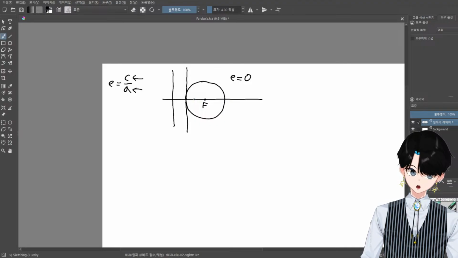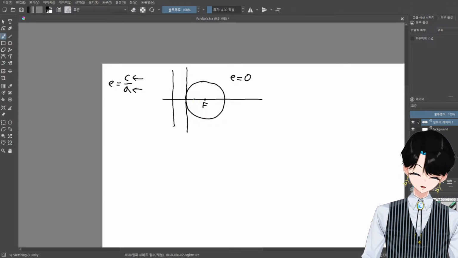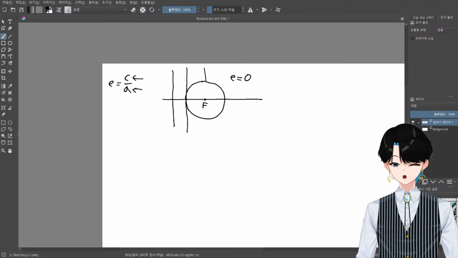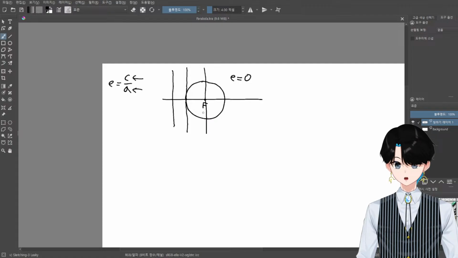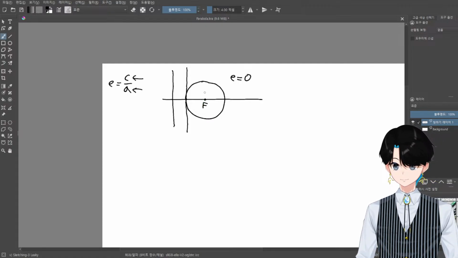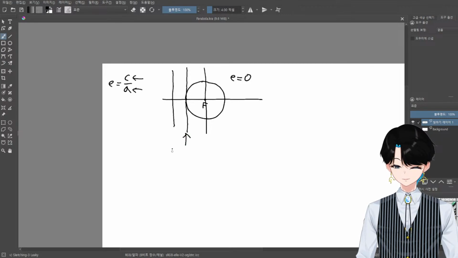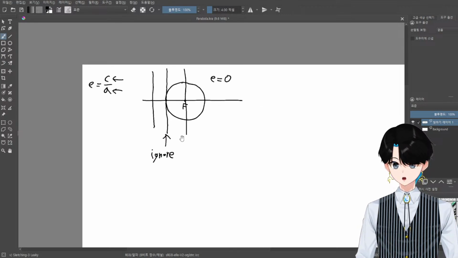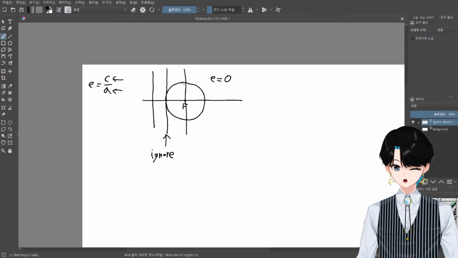Over the linear eccentricity is the thingy. It is right here. Ignore this curve. Doesn't exist. And we're gonna focus on this one. This is the center of the circle.